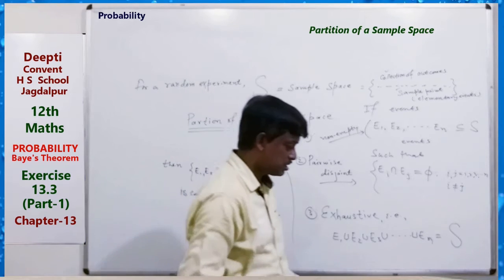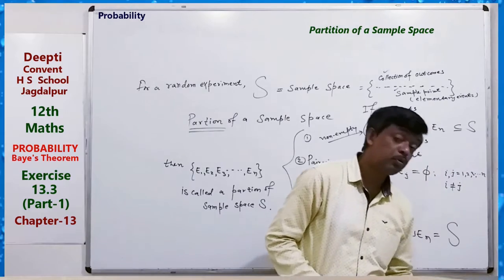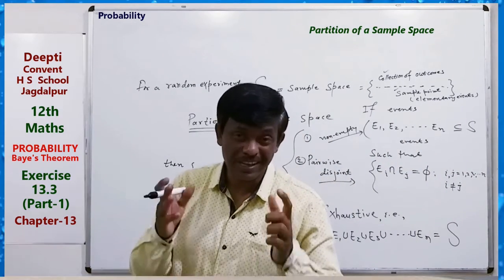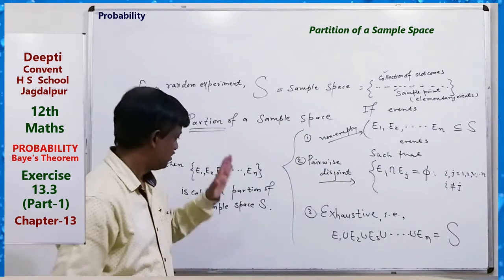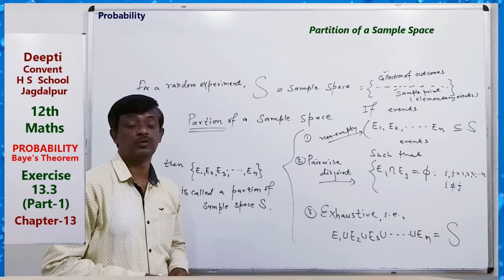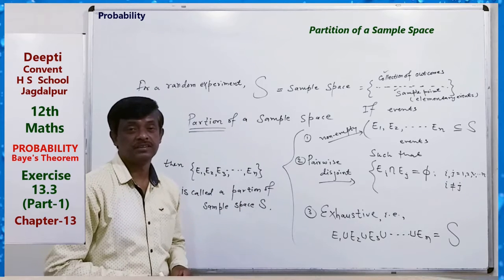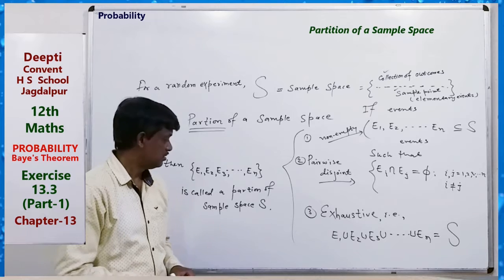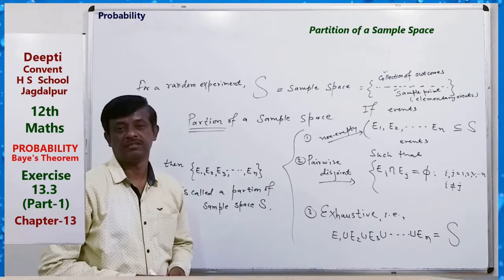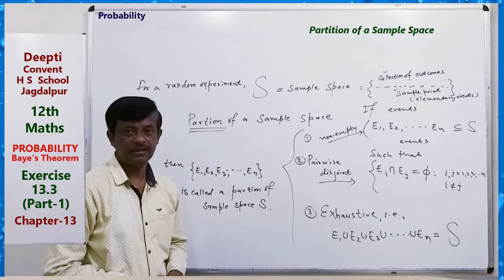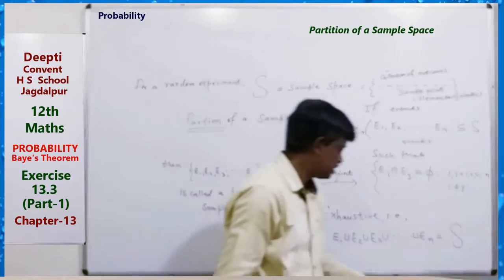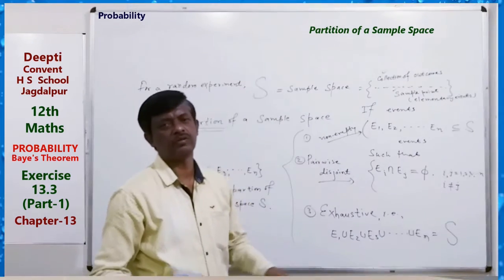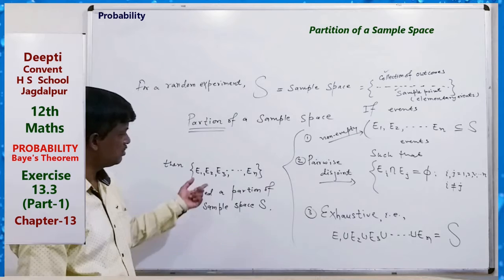Now we will discuss the theorem of total probability, because for Bayes theorem, the total probability theorem is the main thing. The definition and formula for the total probability theorem are very simple by using this partition.